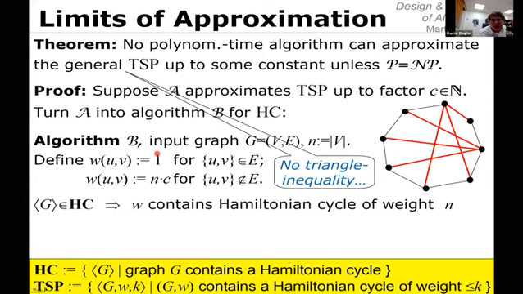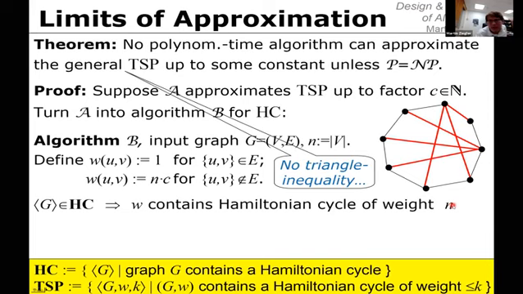Well, because the Hamiltonian cycle of the original graph only uses edges present there. It uses precisely n edges because n is the number of vertices, right? And these edges that are already present cost only 1 each, right? So that means the n edges of the original Hamiltonian cycle will incur total cost n.